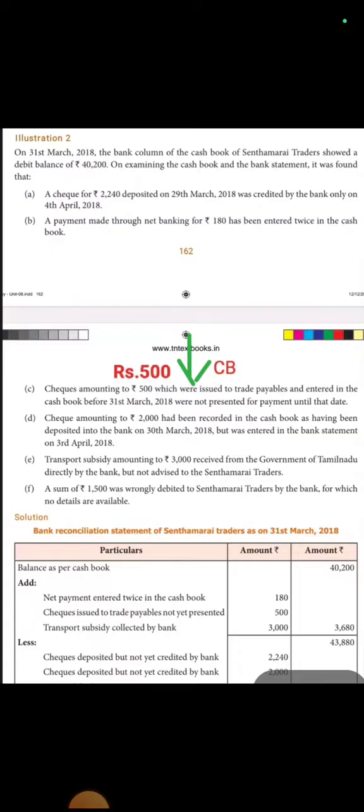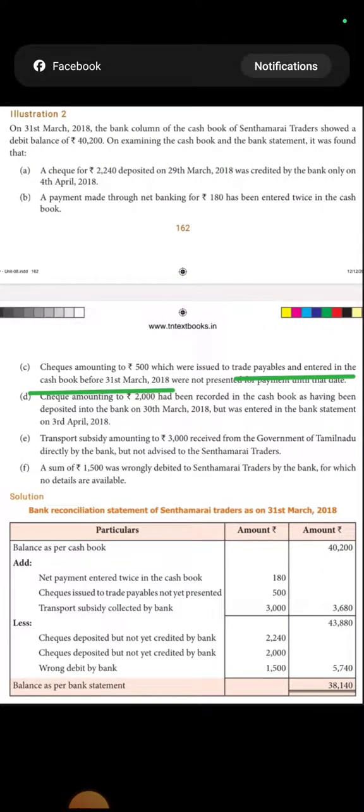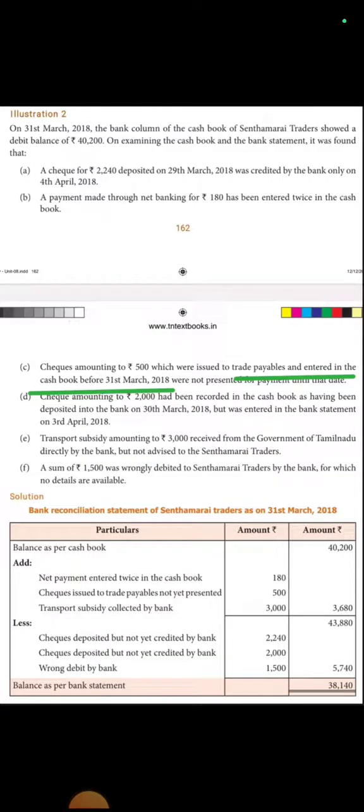Cash paid through check means the bank account decreased, right? So on or before 31st March, in the cash book we subtracted 500 rupees on the bank column. But what actually happened in our bank account?